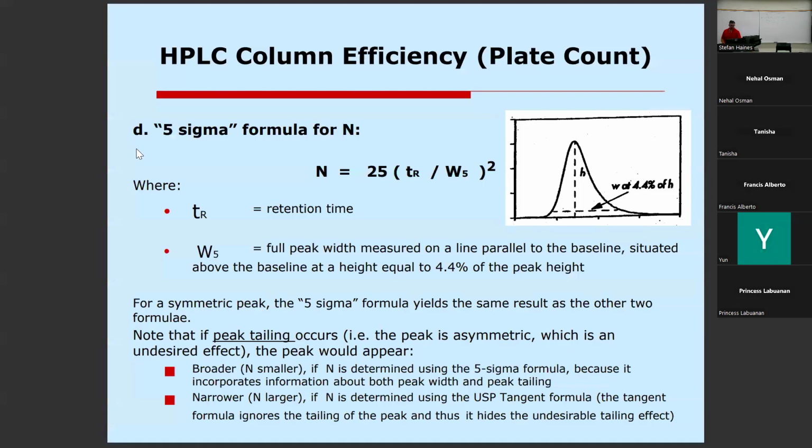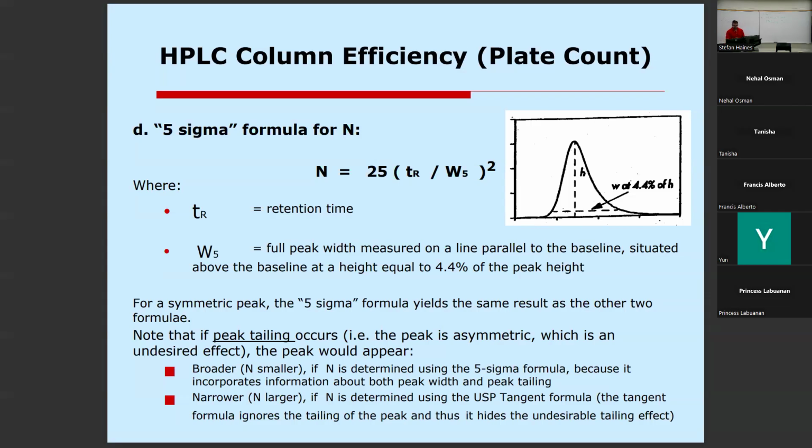Okay, and finally, the 5 sigma formula for N. Same thing, 25 TR, but W5 means, all right, stay with me. It is the full peak width measured on a line parallel to the baseline, but situated at 4.4% of the peak height. So they raise it up a little bit, and then they measure the width.